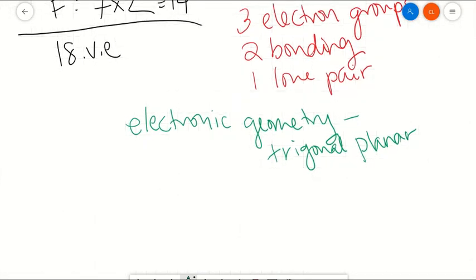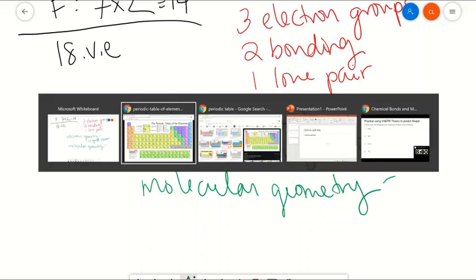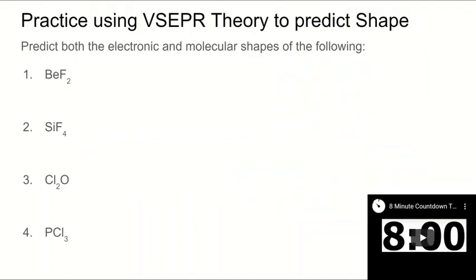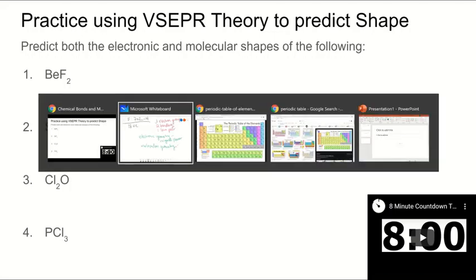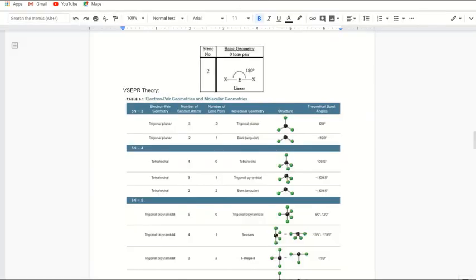But the actual shape, the molecular geometry, is over here.